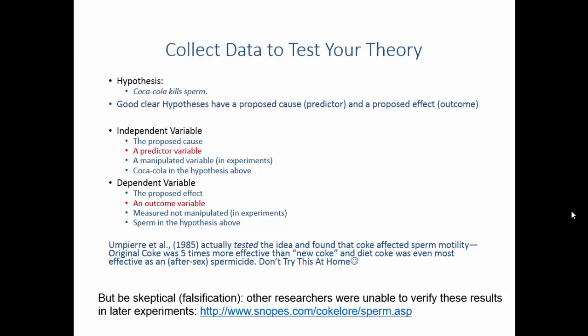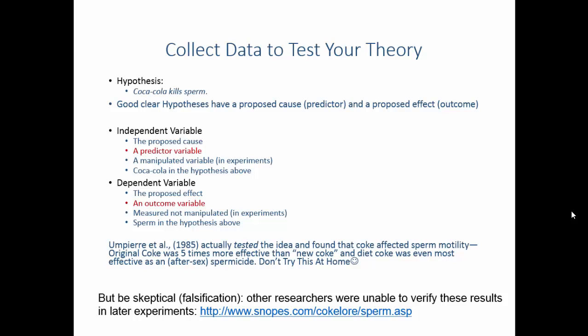Whereas the more commonly used independent variable and dependent variable, those terms really only apply to true experiments. Sometimes I see in published papers actually, and it just annoys me, people talking about independent variables and dependent variables with a correlational study, and there is no independent variable or dependent variable in a correlational study, but there is a predictor variable and an outcome variable in those studies.